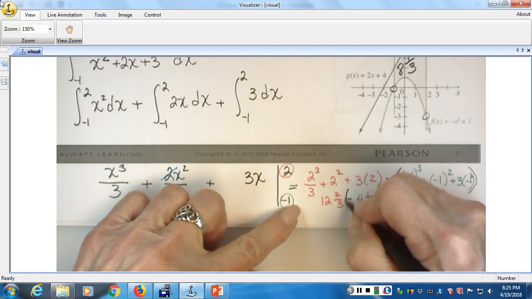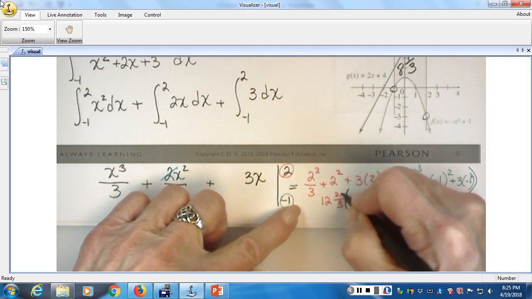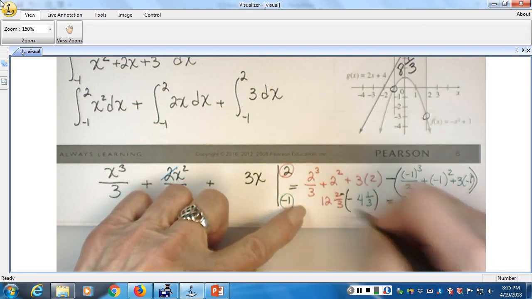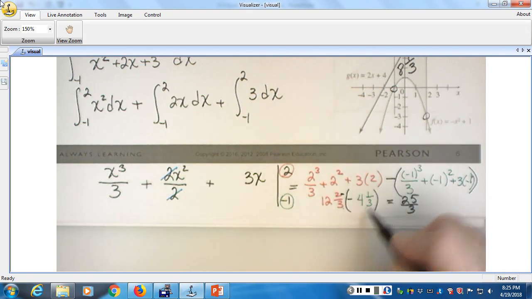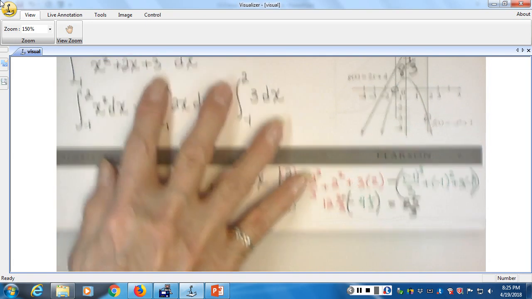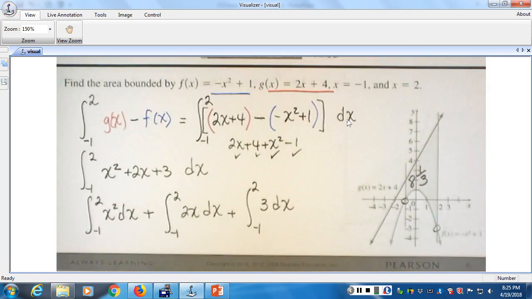So I should be subtracting a negative, which makes that positive. So 12 2/3 plus 4 1/3, well, no, that would be 16. That would be 17. That's not right either. I don't know what I did. Never trust a math teacher to do arithmetic at night. So it's a good thing we have the integral and we can do it numerically.